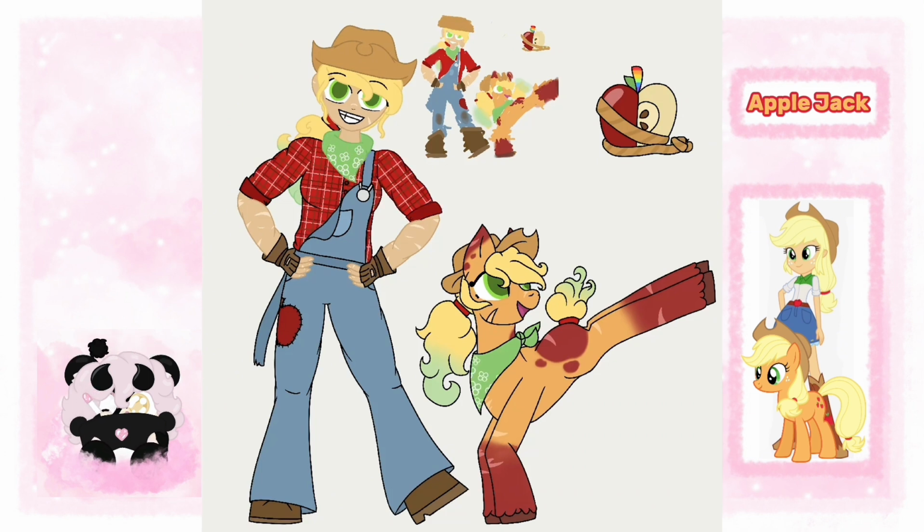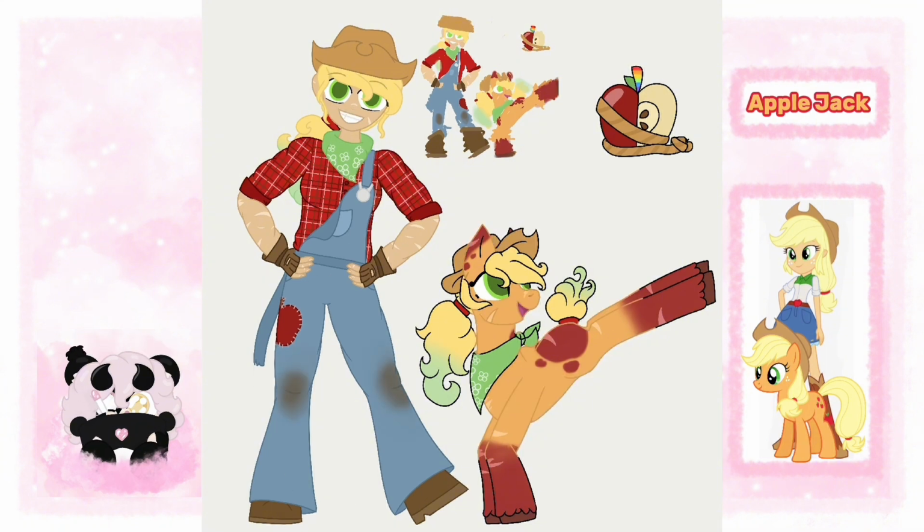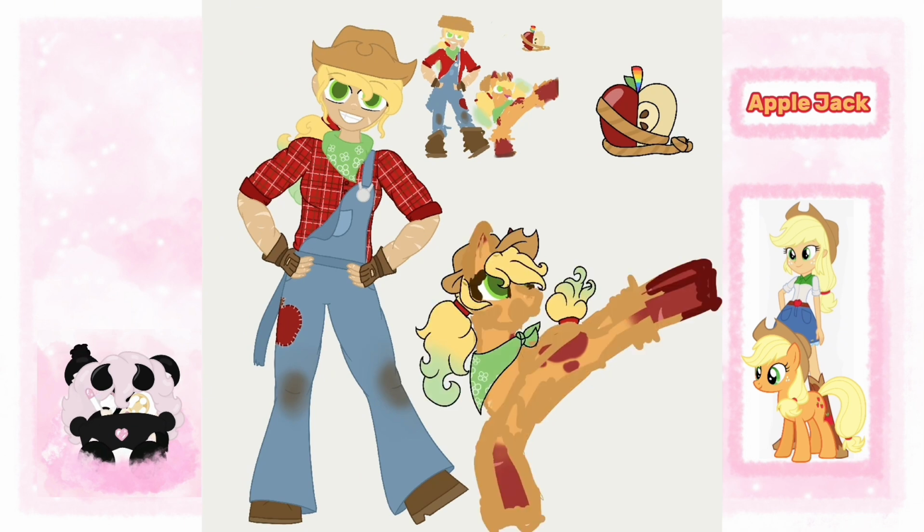She also has a bunch of scrapes and scars, even though she should have bruises, but I didn't give her any because that would probably look more muddy. But I gave her a bunch of little scars, probably from just farming and stuff, on both her pony form and her Equestria girl equivalent form, or human form, I guess is a better way to put it now. She's probably accidentally cut herself on the fence or did something stupid and fell and got a little gash on her arm.